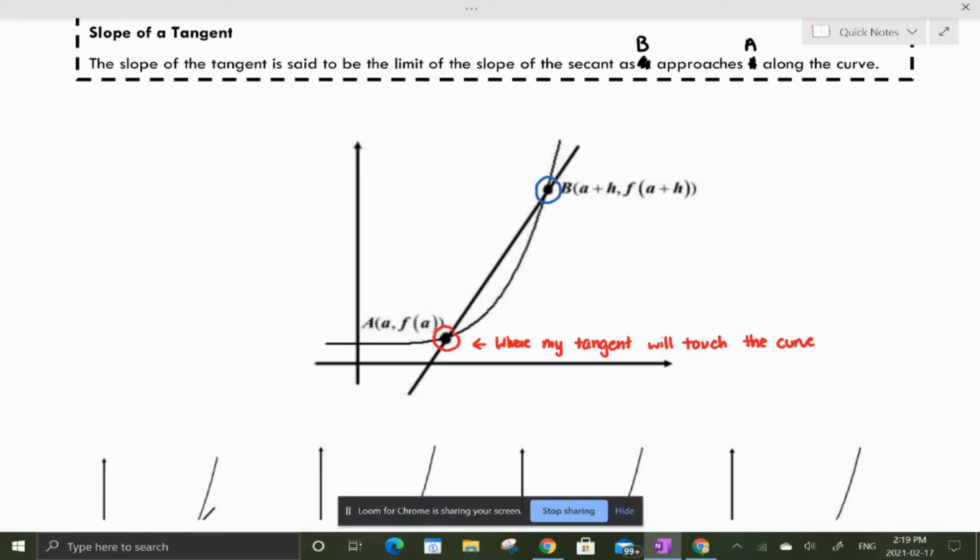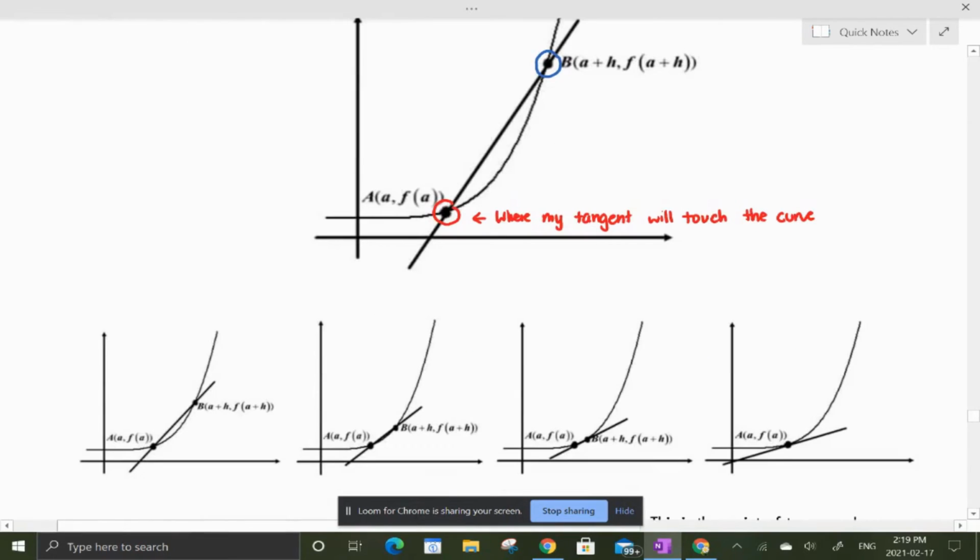So if you take a quick look here at the bottom, you're going to notice I've moved my point B a little bit closer to point A now. I'm continuing to do the same thing, moving point B closer to A until I've gotten so close that point B is literally on top of point A. But then again, we think to that logic and we're like, well, miss, still, you need 2 points to create slope.